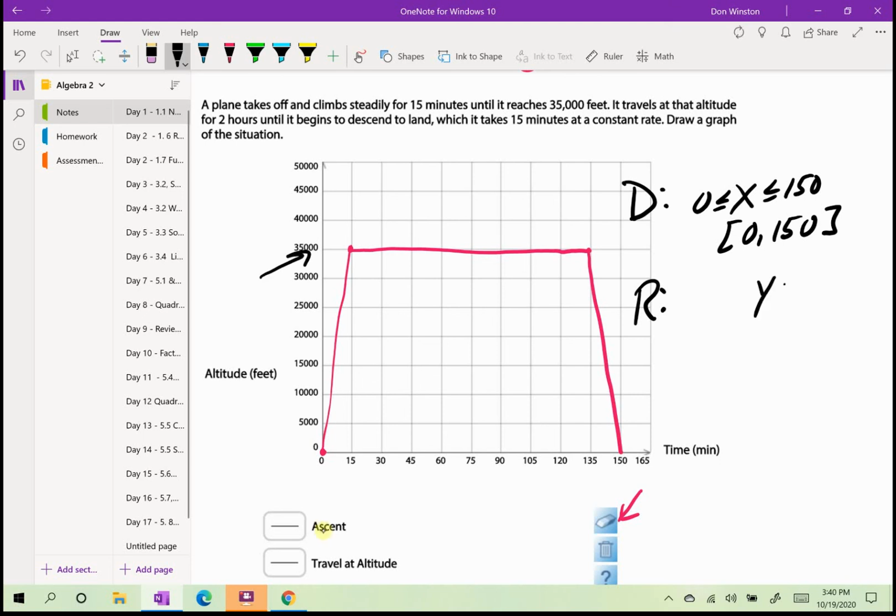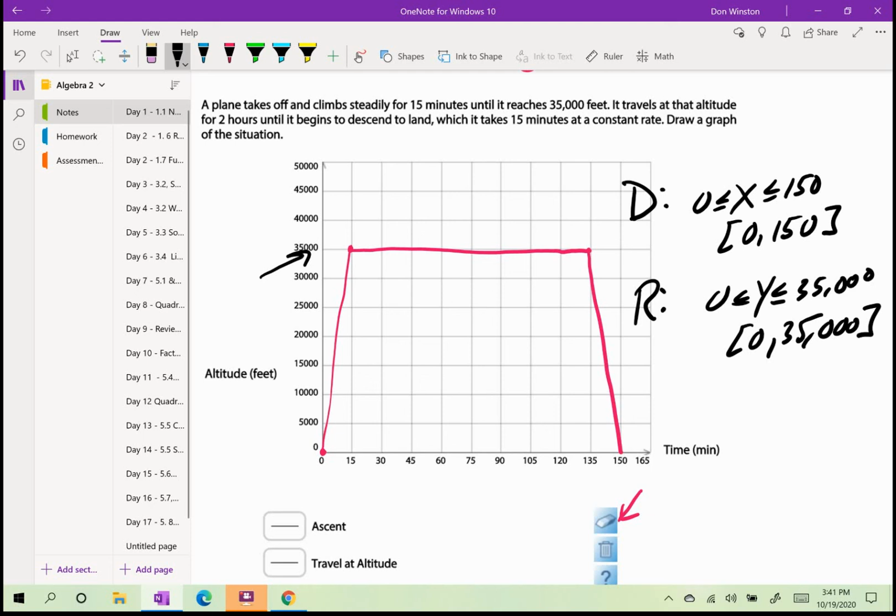So y is less than or equal to 35,000 feet and greater than or equal to 0. That will be the altitude. In interval notation, that would be from 0 to 35,000 feet. So that's how you would do that one.